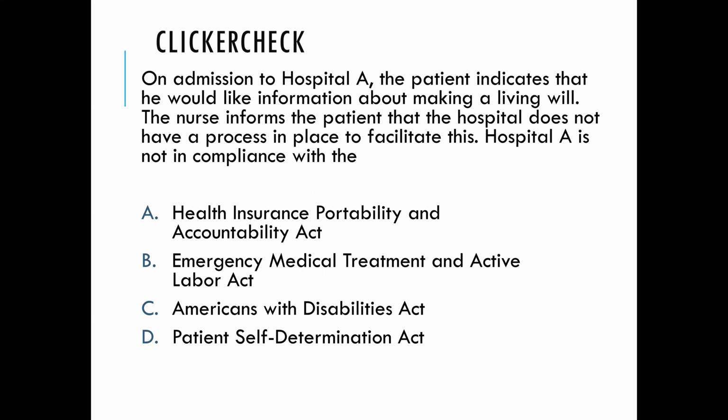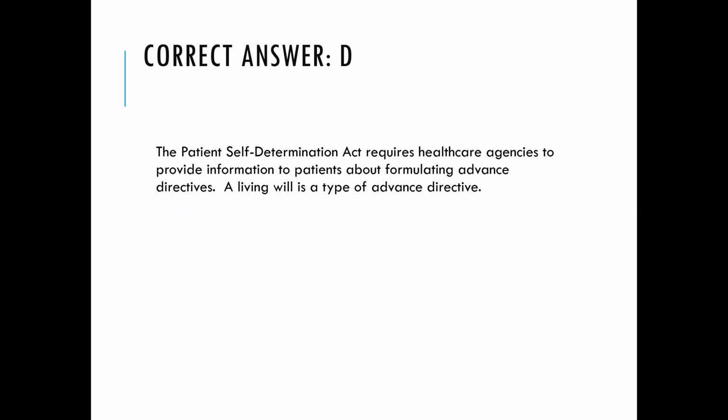The Health Insurance Portability and Accountability Act, the Emergency Medical Treatment and Active Labor Act, the Americans with Disabilities Act, or the Patient Self-Determination Act. The correct answer is D, the Patient Self-Determination Act. This requires healthcare agencies to provide information to patients about formulating advance directives, and a living will is a type of advance directive, okay?